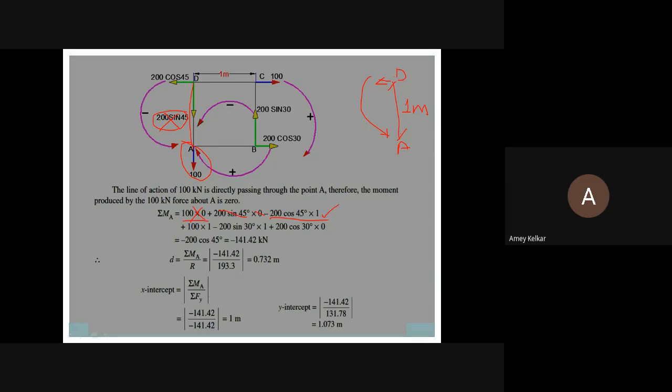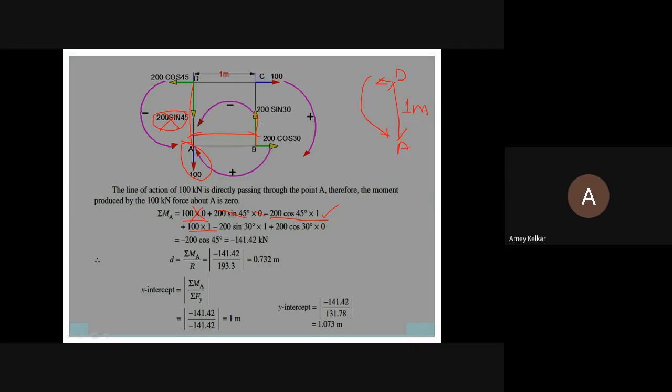Done. Then next comes this force 100. Horizontal force, again vertical distance between B and C, as it is a square, is again 1. This is 100 into 1. And next comes this force, and this force is vertical. So the distance will be the horizontal distance, which we have to consider.